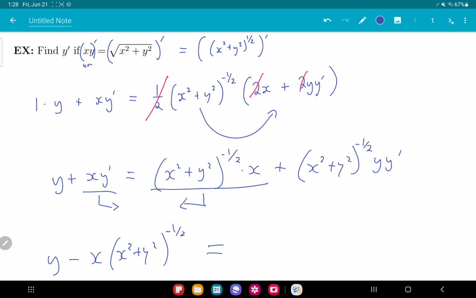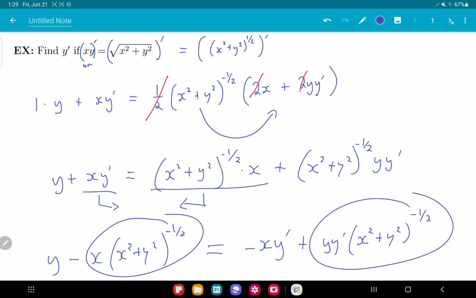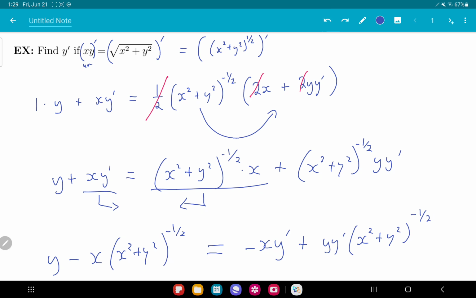Right-hand side is minus x y prime, which comes from the left there, and then I get plus y prime times x squared plus y squared to the minus a half. You'll notice that here and here I rearranged my factors. I put my y prime in front here and my x in front here. That's not really necessary until the end, but I just do it subconsciously.